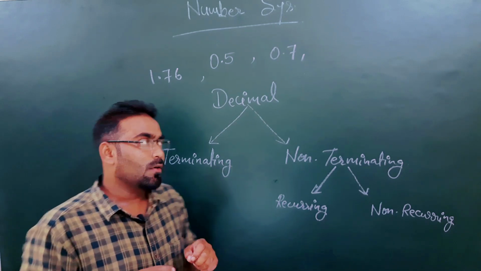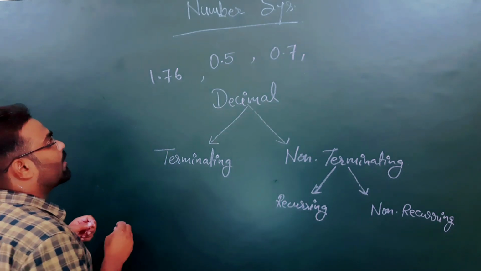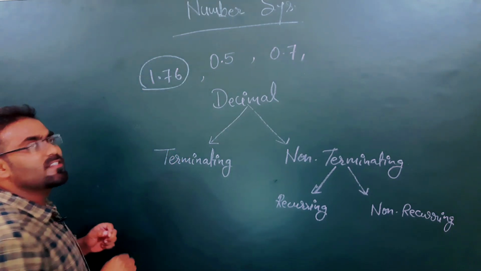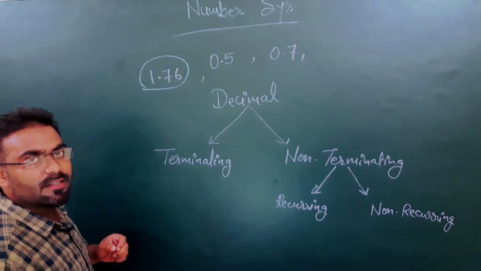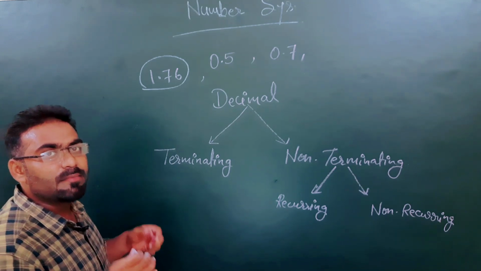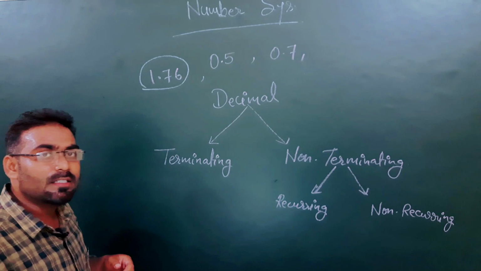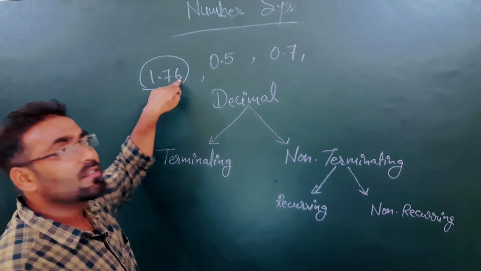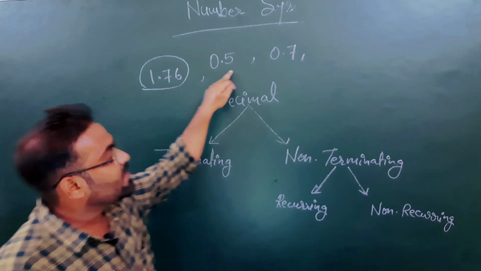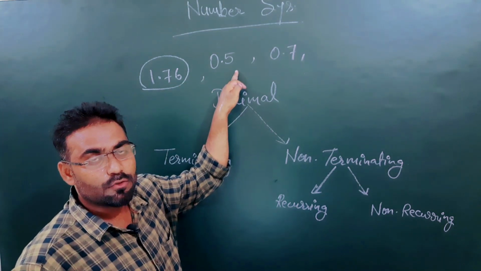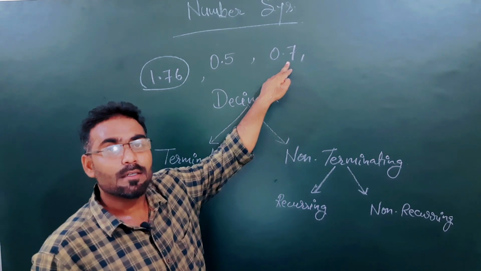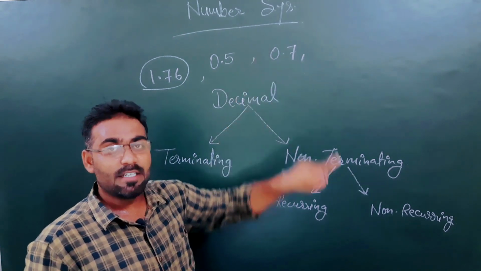So if it is written this way, 1.76, it is terminating decimal. Why? Because there are no further digits after 6. 0.5 is terminated, so it is called terminating decimal. 0.7 is terminated, so it is called terminating decimal.